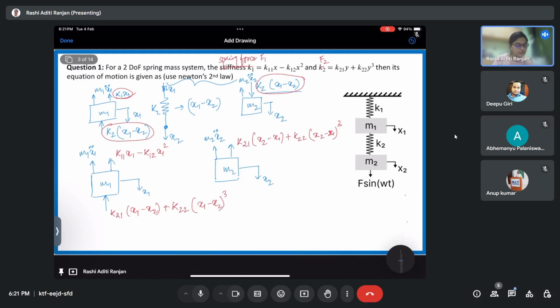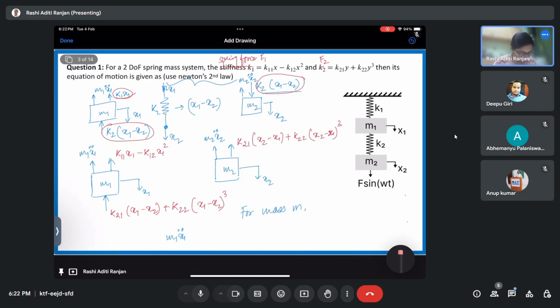Now what will I do? I'll simply write the equation of motion. So for mass m1, x1 double dot. Okay, this inertia force is taken in the upward direction. I hope you people understand that since the displacement x1 is in the downward direction, the inertia always tends to take the system to the state it earlier was. So the inertia force is going to act in the opposite direction of the displacement. That is why we have taken the inertia force in the upward direction.